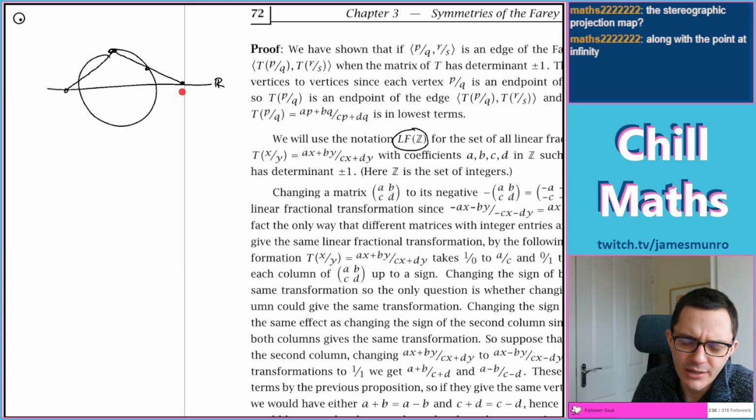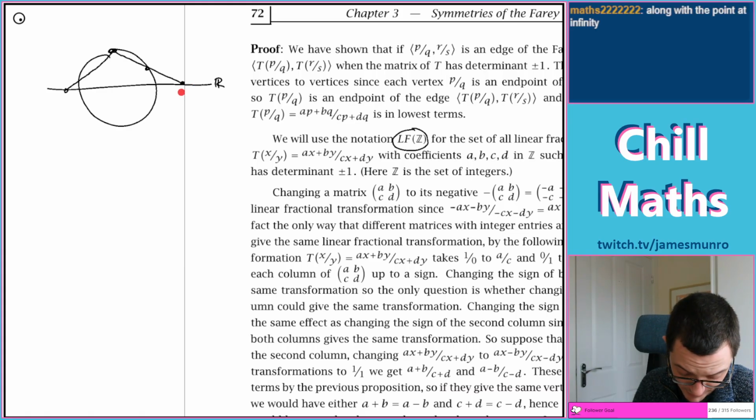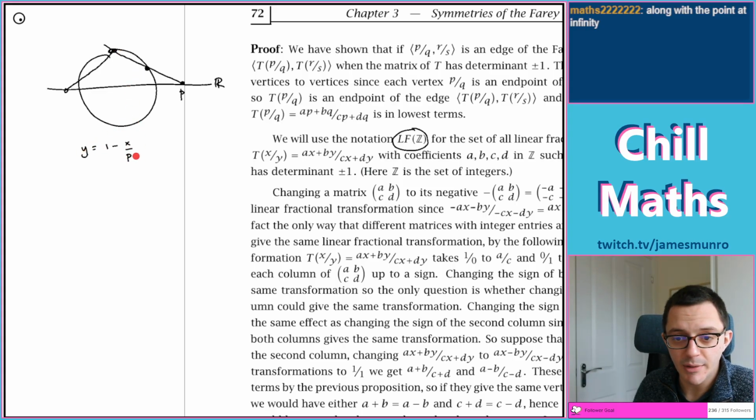So if I have a point P over here, I would quite like to find the point on the unit circle such that the line, what is this line? This is 1 on the y-axis. So I'd quite like the line y = 1 - x/p, because that's the straight line that goes through. When x is 0, y is 1, and when x is p, this gives 0.